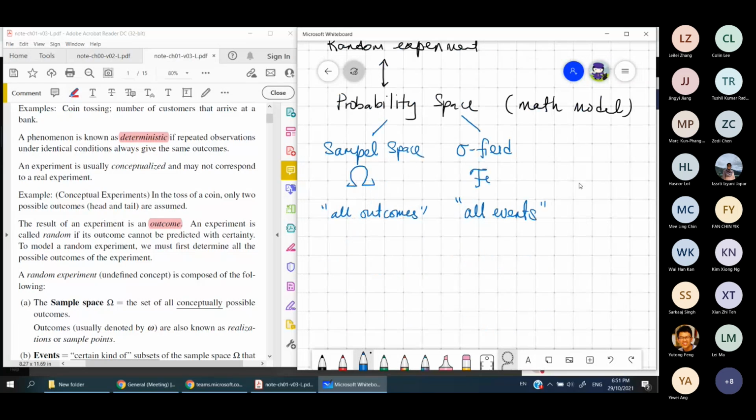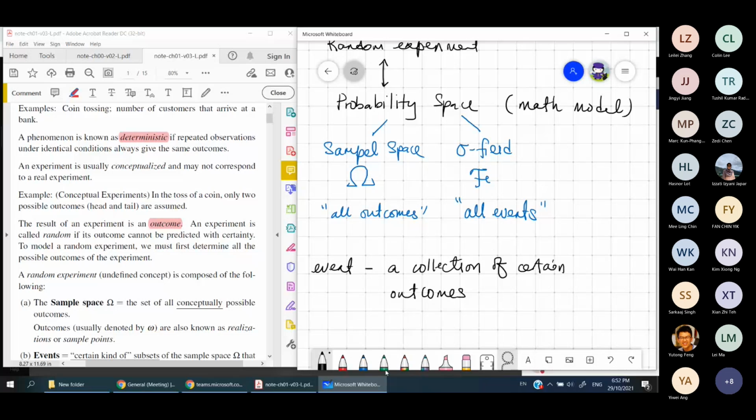And what is the meaning of an event here? Roughly speaking, an event is a collection of certain outcomes.